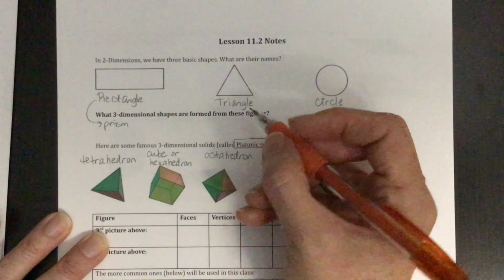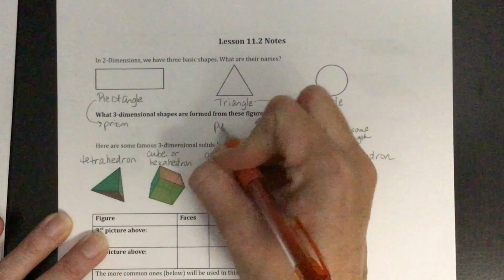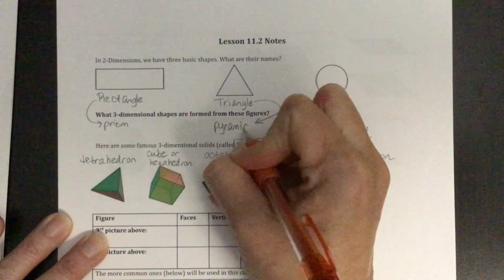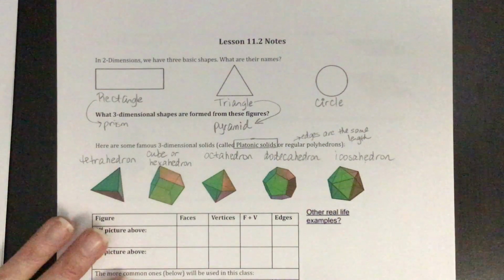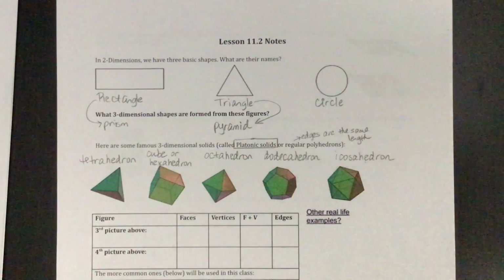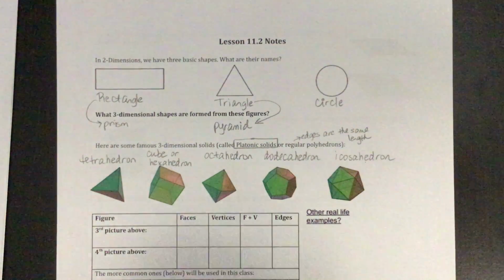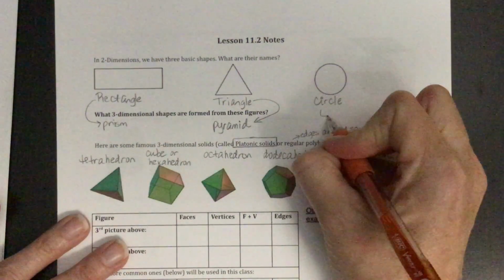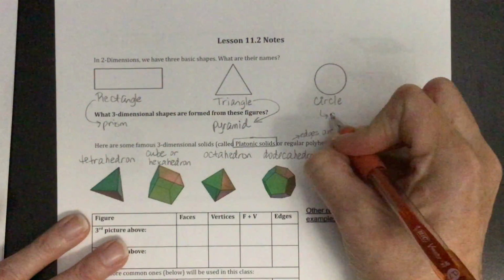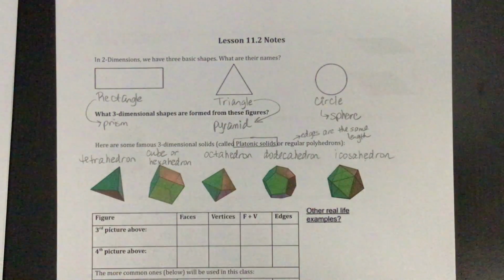A triangle, hopefully this one is definitely something you can imagine. Triangle is a shape we see with a pyramid, so imagine the Luxor down on the strip, you see triangles that make up the sides of that building. And then the circle, the three-dimensional shape that we a lot of times think about coming from a circle is the sphere, or like a ball shape.